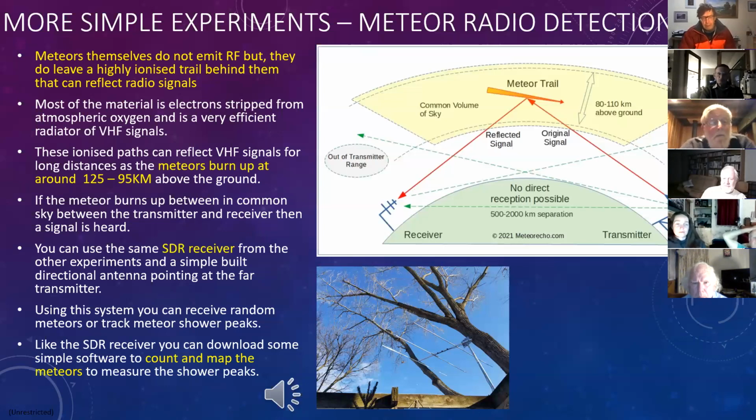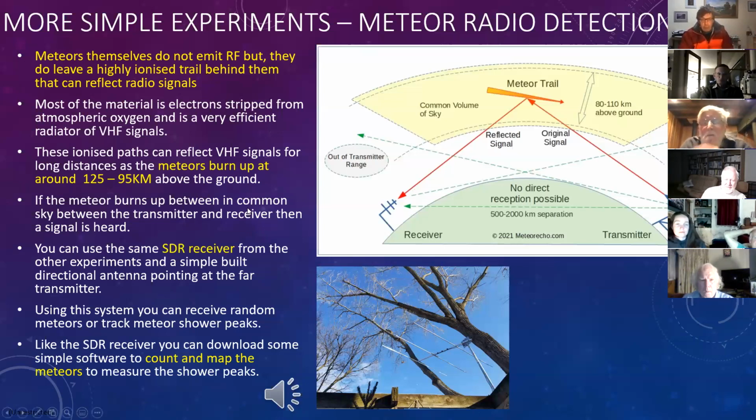So there's a couple of different types, but the meteors themselves don't radiate radio waves, but they leave behind them a very ionized trail that is very good at reflecting radio signals, particularly at the VHF end of the spectrum.